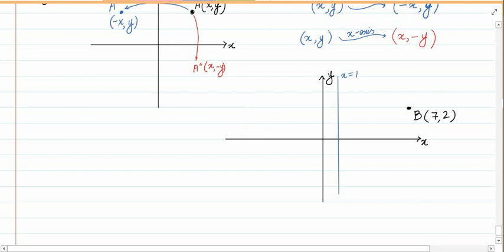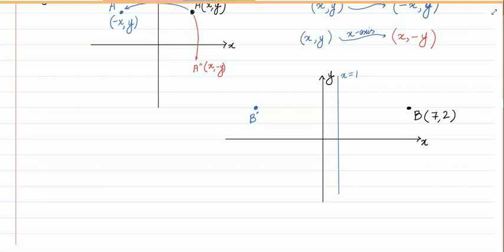So I hope that all of you come up with the solution that B should lie here after reflection. What are the coordinates? It is not important right now. Right now the important part is you should visualize where the point should be after the reflection. Once you got the point and once you are sure that the point lies here, now you need to work on the coordinates.